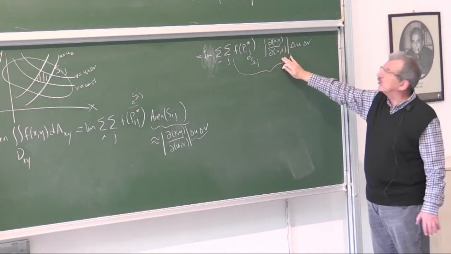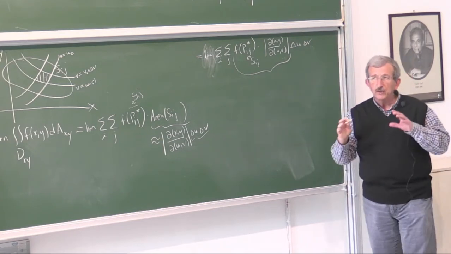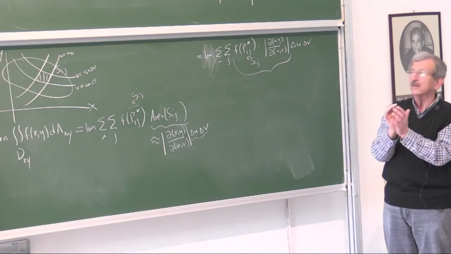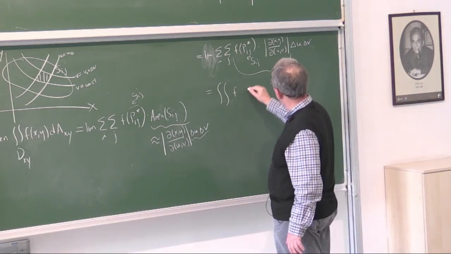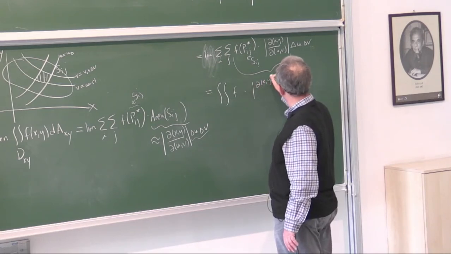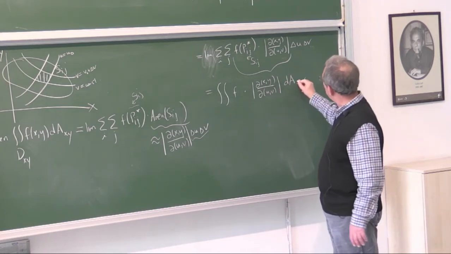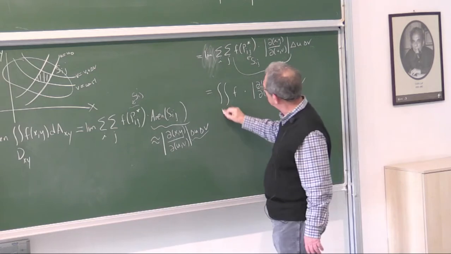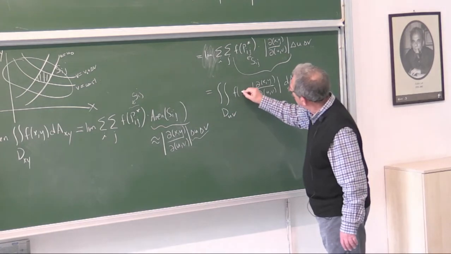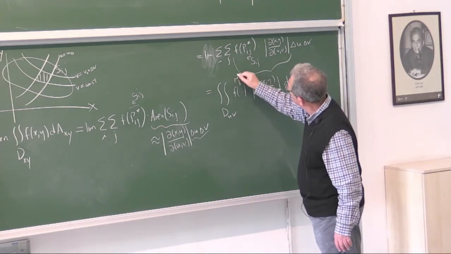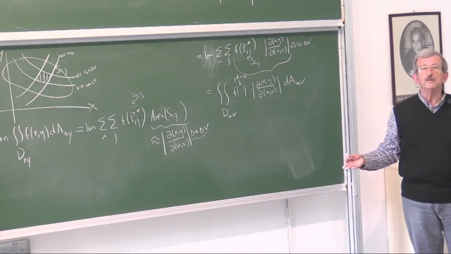I changed everything into uv's here. Times the area in the uv system of a small rectangle. But by the very definition, this is the double integral of f times del xy by del uv dA uv. And of course, in f, I will put uv's. So our change of variable is completed.